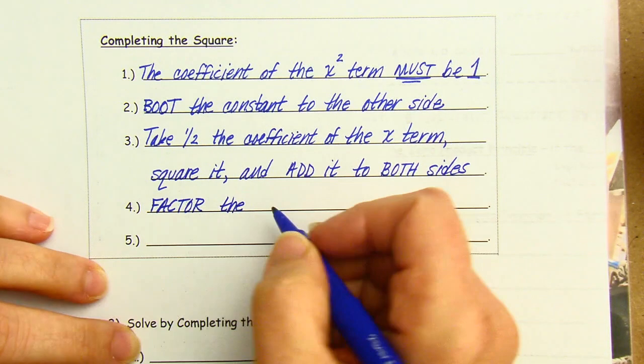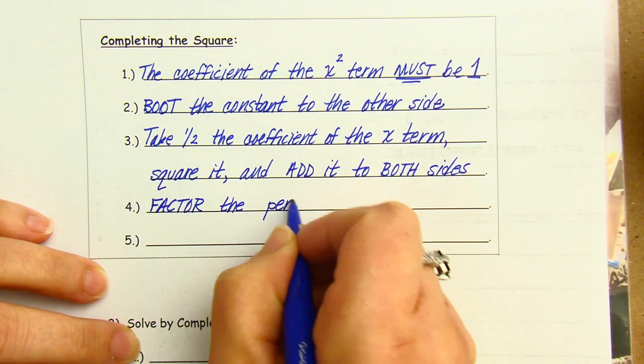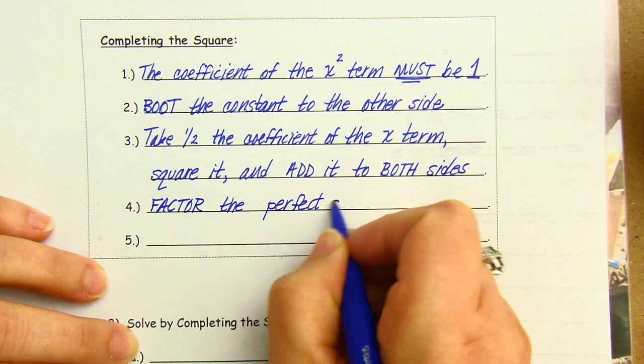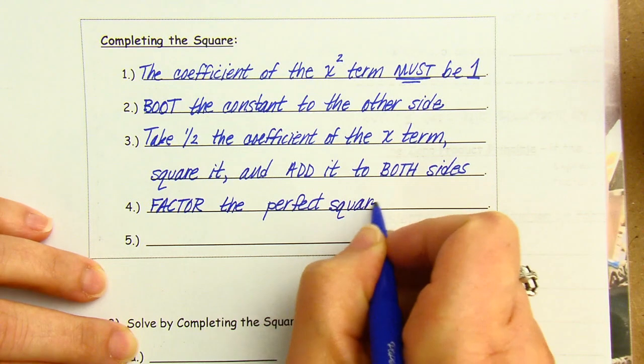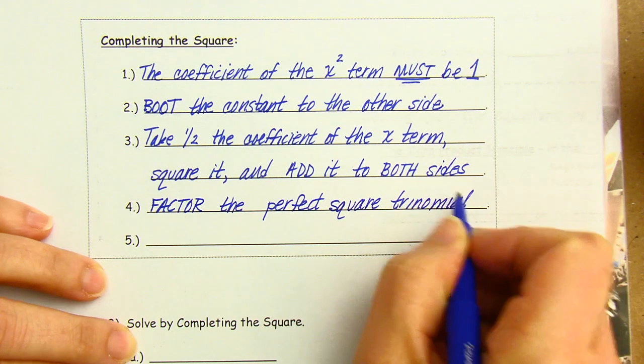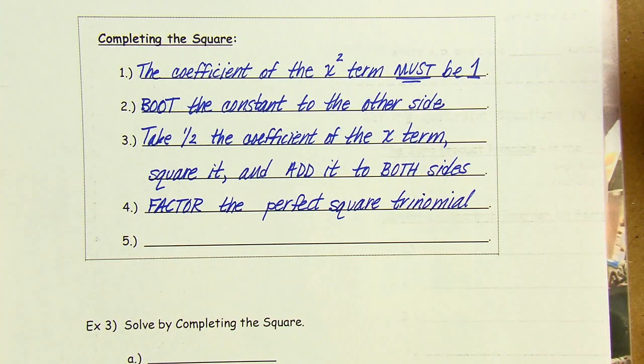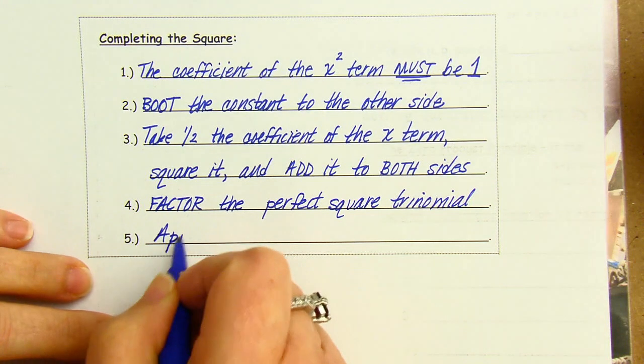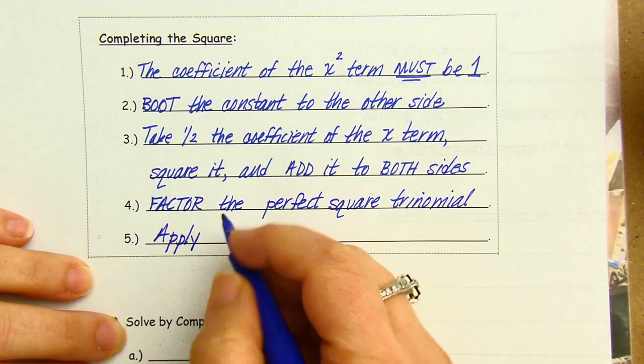Factor the perfect square trinomial. Okay, and after you have that factored, you're going to end up with a single quantity squared, and that's where we're going to apply the square root method to finish solving.